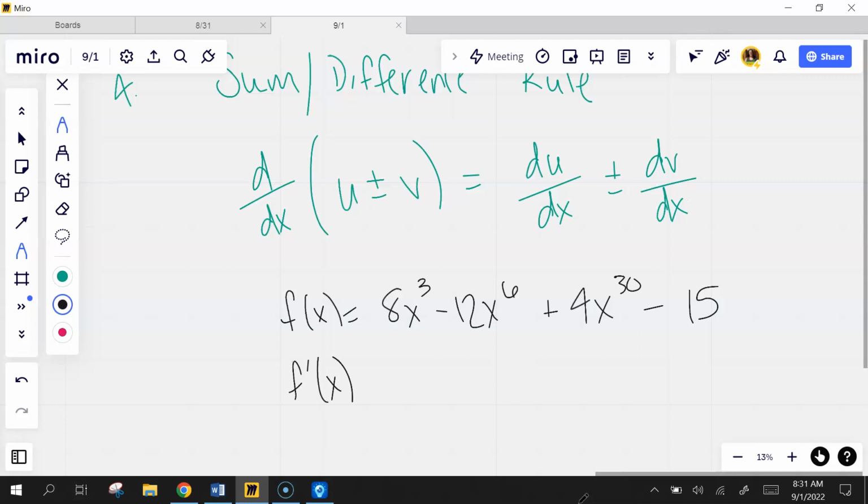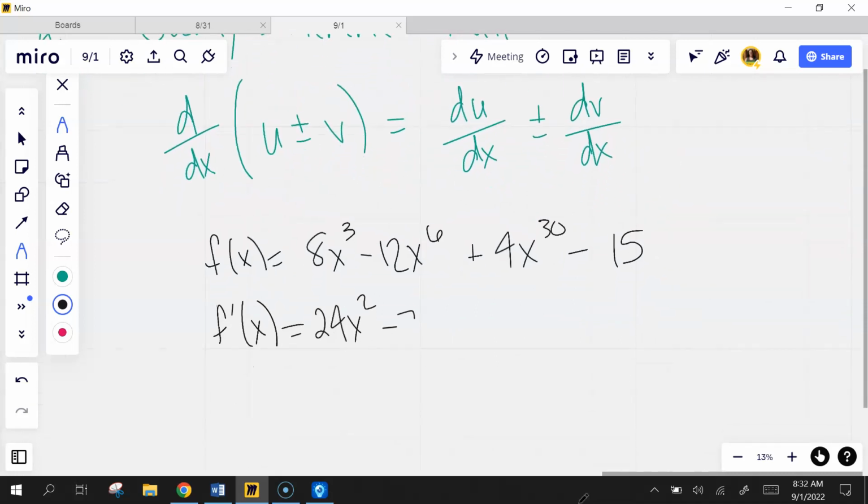That's what this lets me do. This lets me say that I can split these up and find the derivative of each one. So what's the derivative of 8x cubed? How about 12x to the 6th? Multiply and lessen your exponent by 1. How about 4x to the 30th? How about 50? 0. It's constant.